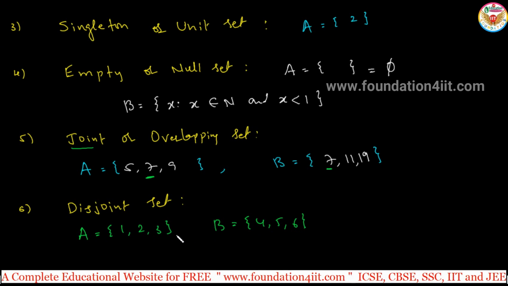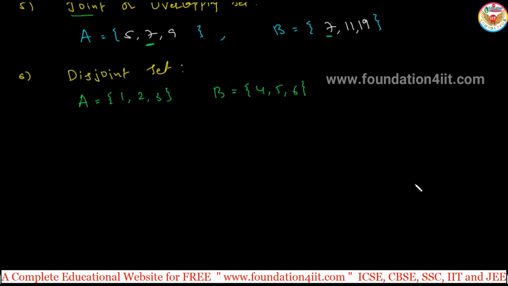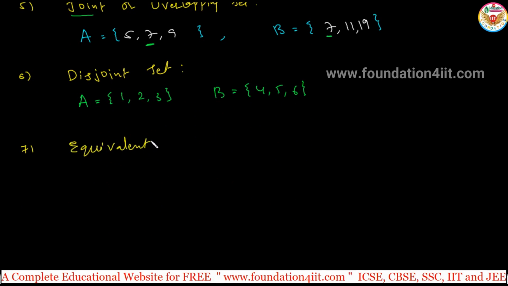So two sets are said to be disjoint if they have no element in common. If there is no element in common, these are disjoint sets. Right? Again, next we have the equivalent set. Let us take the word equivalent.